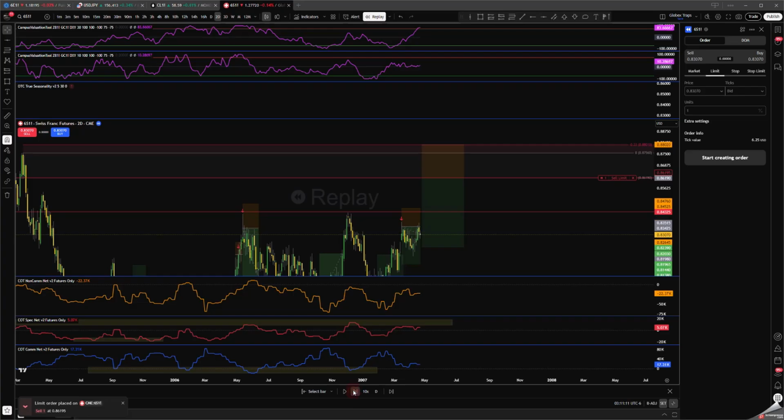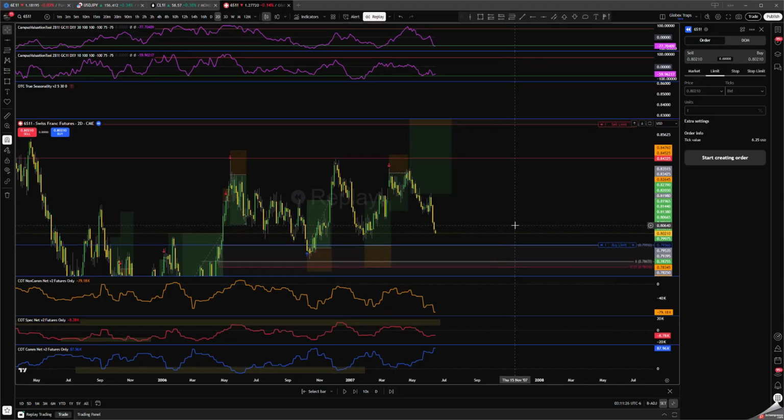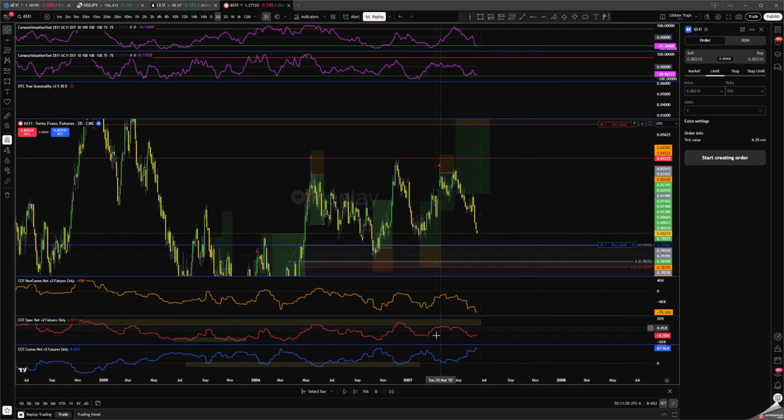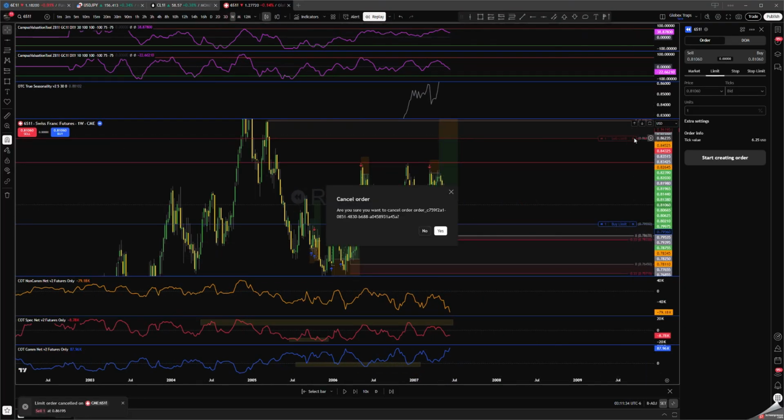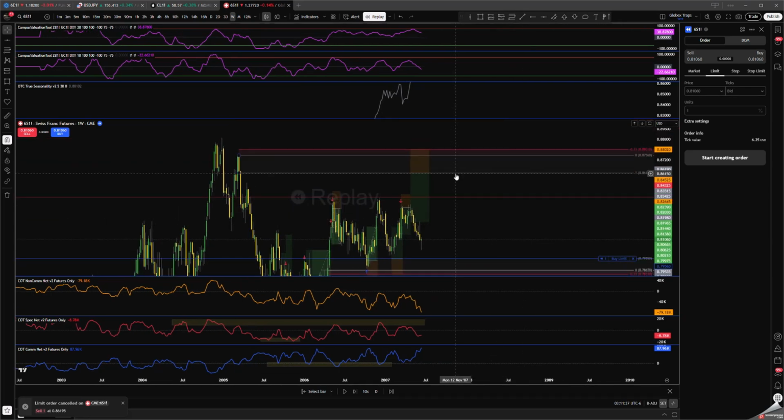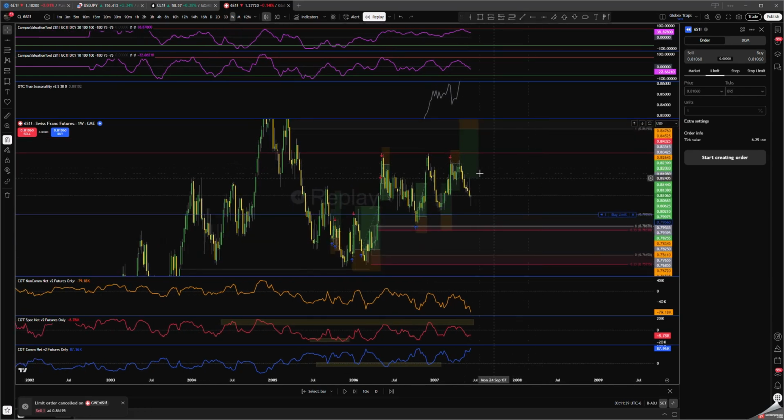Long-term valuation was also overvalued. Okay, the retailers are back again. Okay, we never got filled, huh? I will remove this so far.